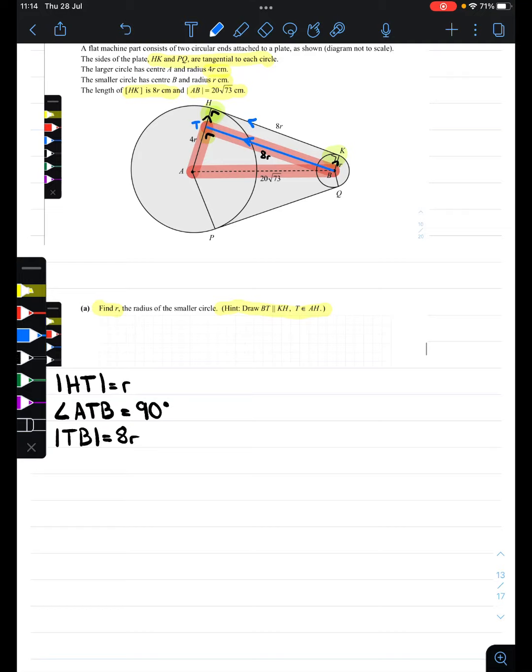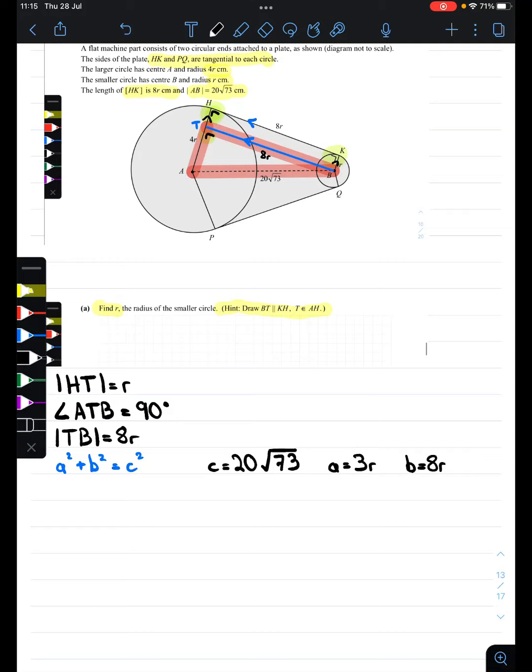So when we have a right angle triangle, chances are we're going to be using a squared plus b squared equals c squared. Okay, so c is the hypotenuse, the length opposite the right angle. So c equals 20 root 73. And then a and b are just the other two sides. So let's just say that a equals 3r and b equals 8r.